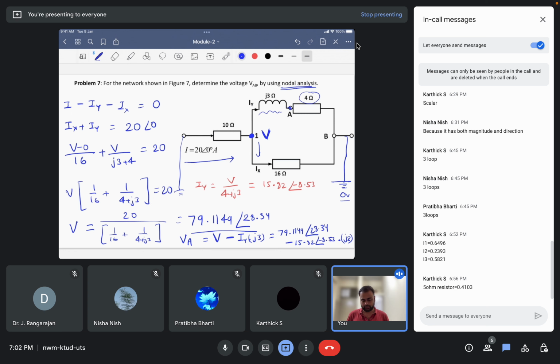28.34 is the angle, minus the voltage drop. If you simplify this, it comes out to be 63.29, and the angle is minus 8.53. So this is the answer.